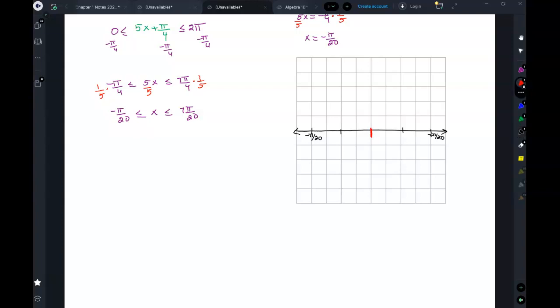It's halfway between these two points. Back in geometry, how do you find a midpoint? Add them and divide by 2. So half of negative pi over 20 plus 7 pi over 20, which is half of 6 pi over 20, which is 3 pi over 20.